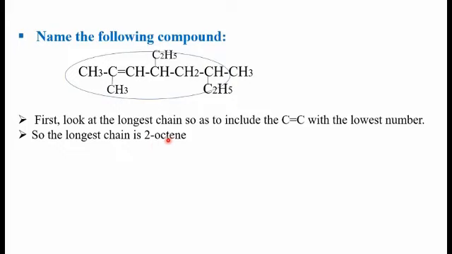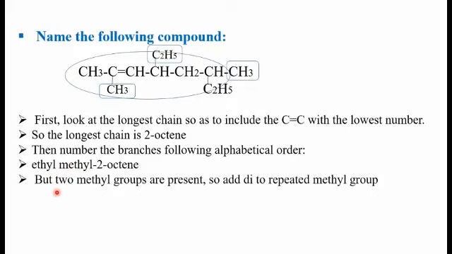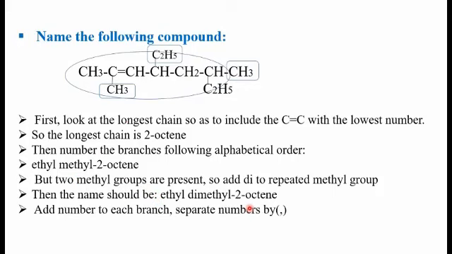So the longest chain is 2-octene. For the branches, following alphabetical order, we have ethyl and methyl, E before M. But 2 methyl groups are present, so we must add di, and the nomenclature becomes ethyl dimethyl 2-octene.